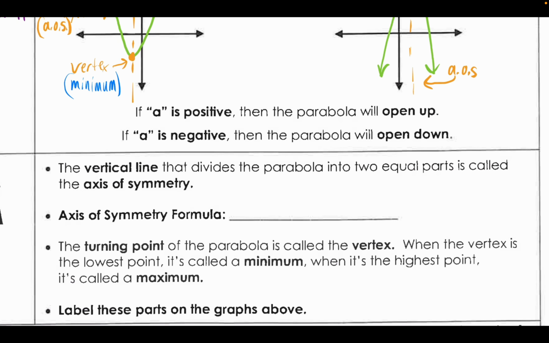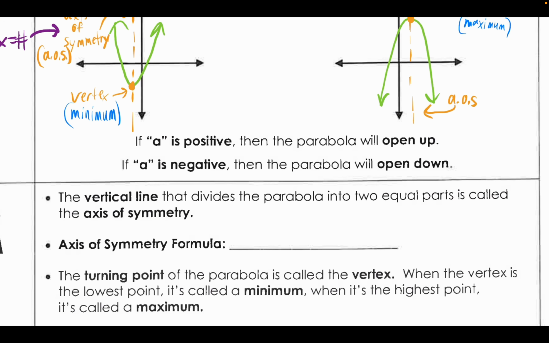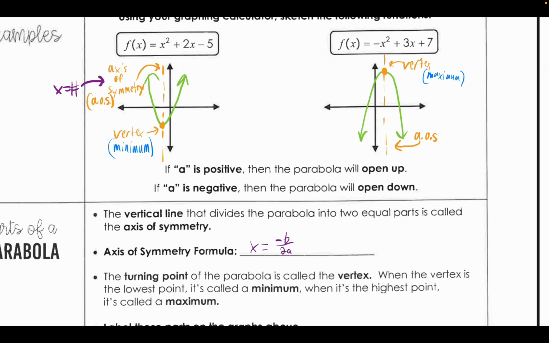Now, that vertical line that divides it into two equal parts, as we mentioned, is called the axis of symmetry. We already covered that. That was the dashed line, and we said it's in the format of x equals a number. Well, how you find that number, when you're in standard form, is you use the formula x equals negative b over 2 times a. So you noticed earlier I said this is x equals negative 1.